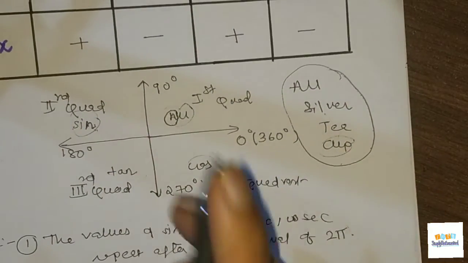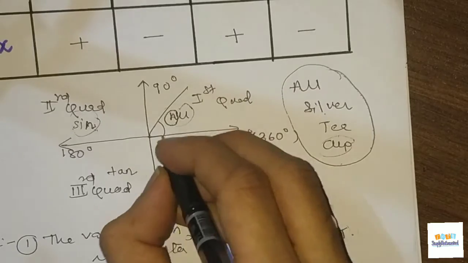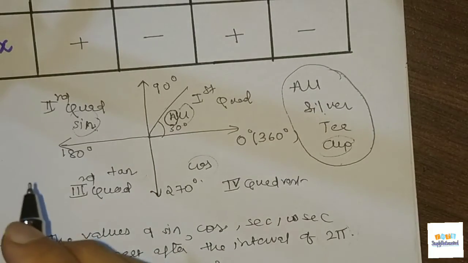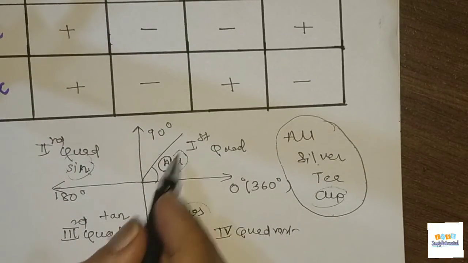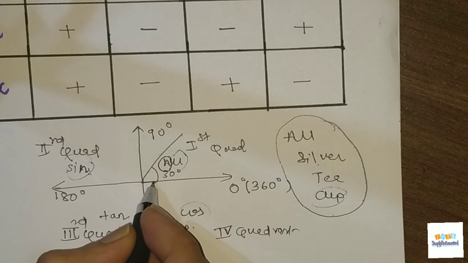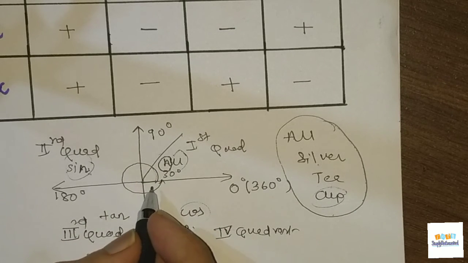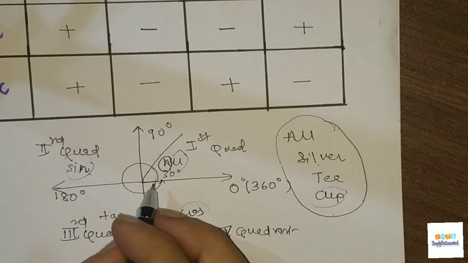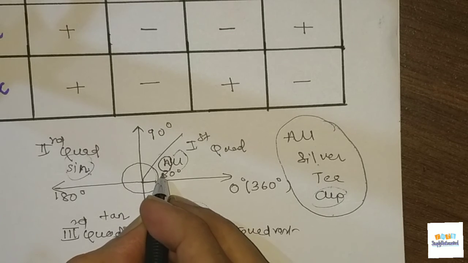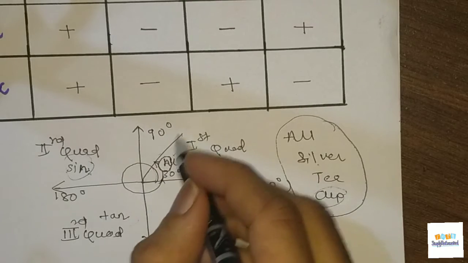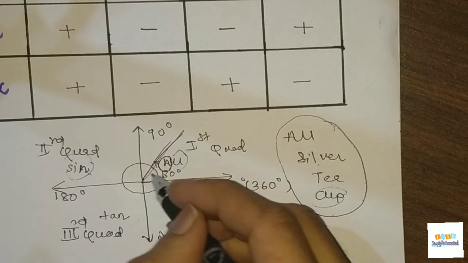Even if you look at this here, this is the 30 degree angle. Now if you go round once, you will get one revolution, that is 360 degrees. And if you go 30 more, you will reach back to this angle, right?